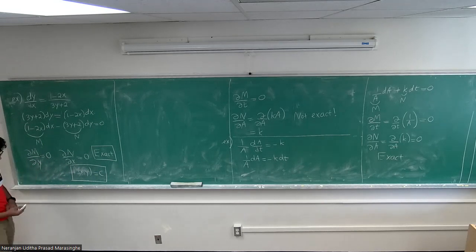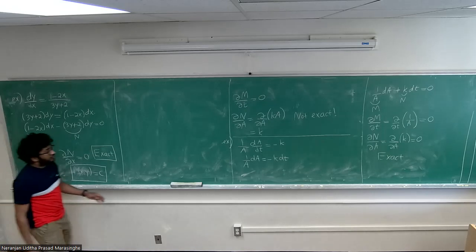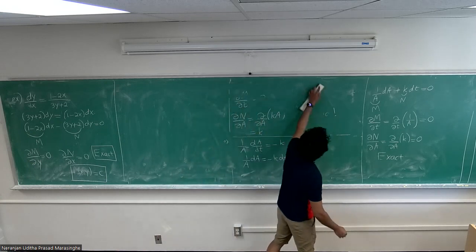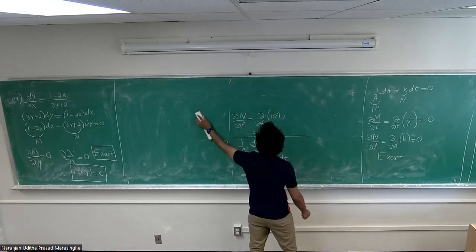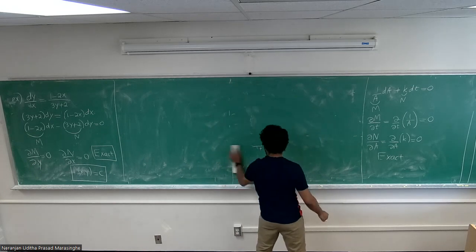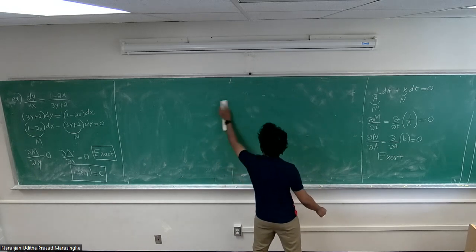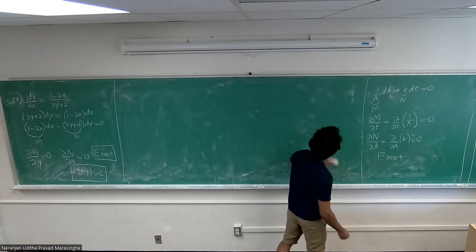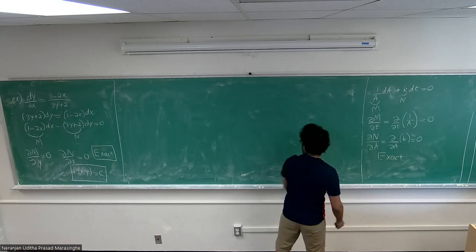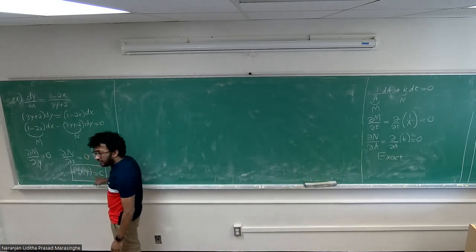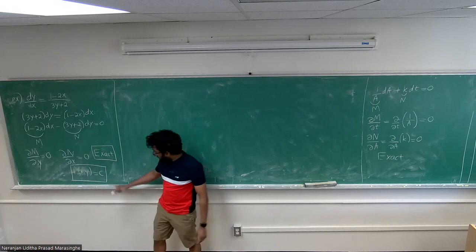So this is the idea. So this is our solution. There are a few steps that we have to go through. But we know that the solution is something like this, right?